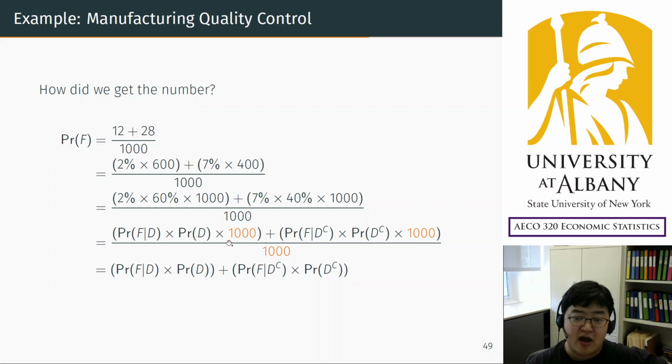But it doesn't matter because it will be cancelled out, numerator and denominator. So in the end, this is the essential formula in our method. Instead of drawing the diagram, you may just use this formula to directly calculate the unconditional probability.